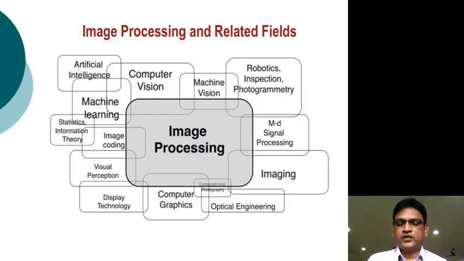And these are the related fields where image processing has a lot of potential, both research-wise and also for doing projects and all these things. So it covers almost each and every one of the latest technologies: artificial intelligence, computer vision, imaging devices, computer graphics, optical engineering, etc. and so on.